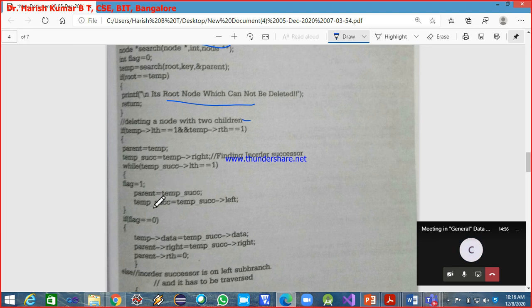Then temp successor is equal to temp successor arrow left, and this process we repeat as long as there is a left child for the node which you are interested in deleting.